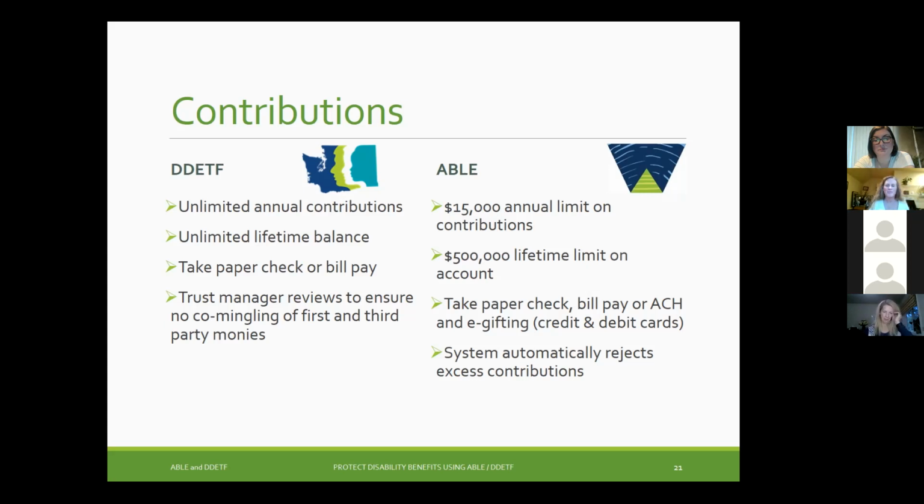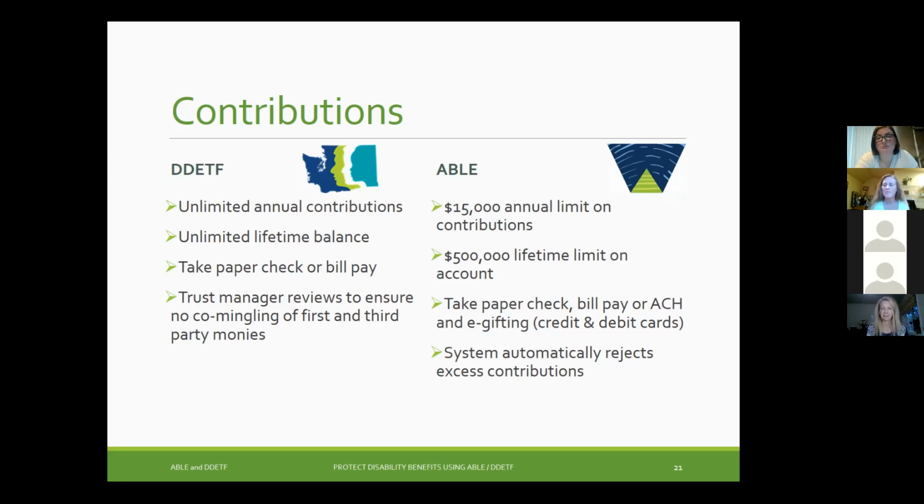So we don't want that. The first party money, beneficiary monies, goes into their own self-settled account, and mom and dad's account stays open only for mom and dad's money or other third party money. So grandma and Aunt Sally can both be contributing into that same account with mom and dad. That's all third party money. And so they don't mix.